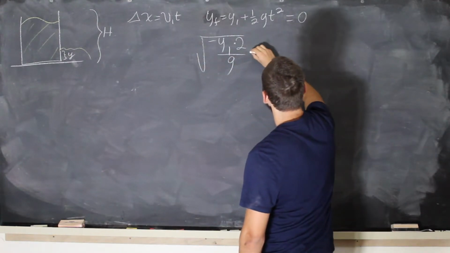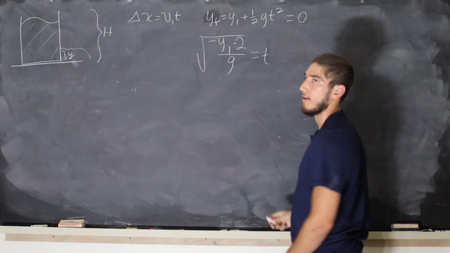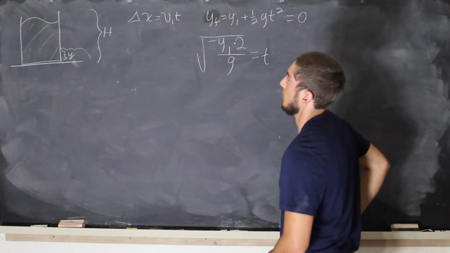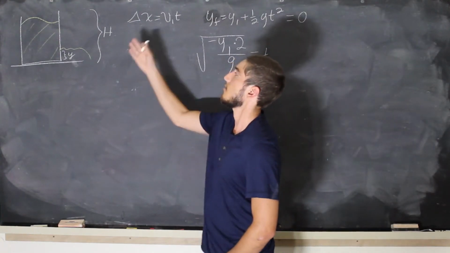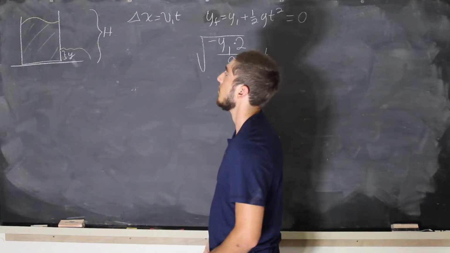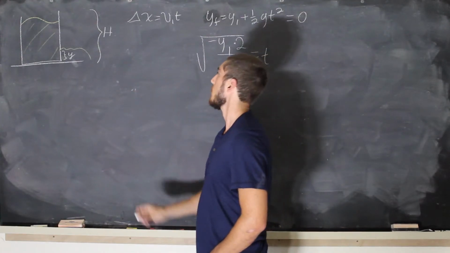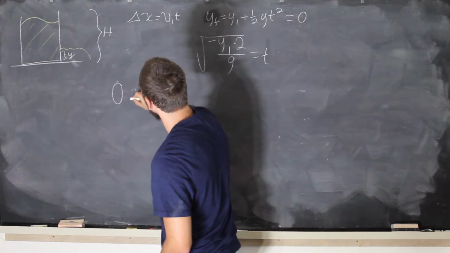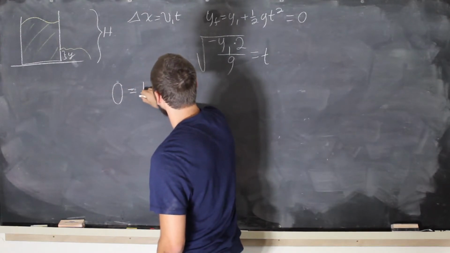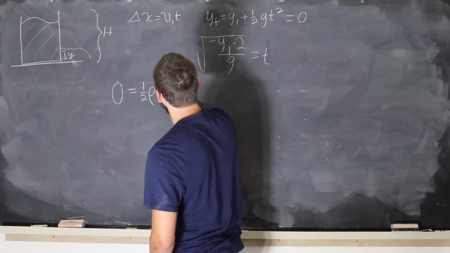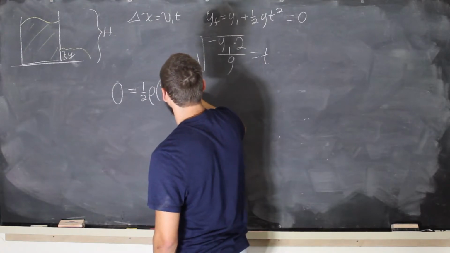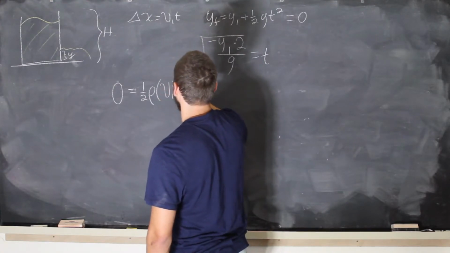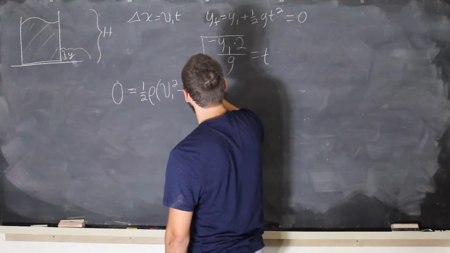squared equals t. And then for velocity, we can solve using Bernoulli's equation. And since the reservoir is open to the atmosphere and the hole is open to the atmosphere, it's going to be equal to 0. And it's going to be equal to 1/2 rho v final squared minus v initial squared.